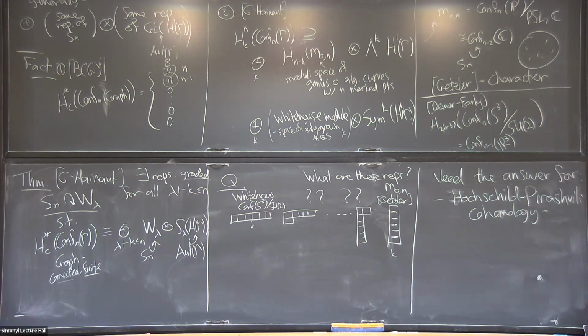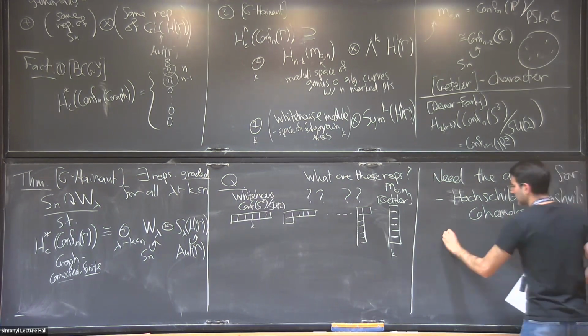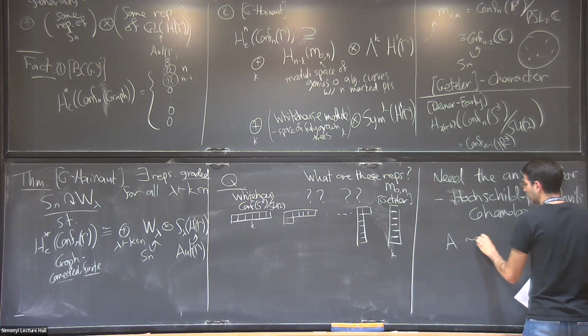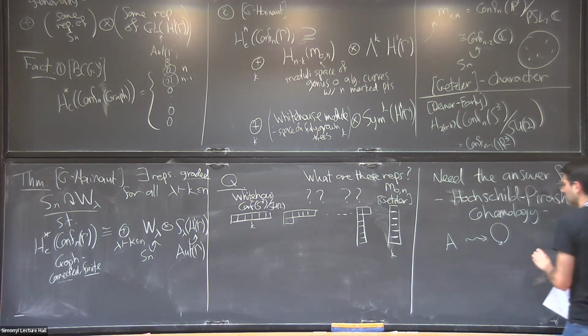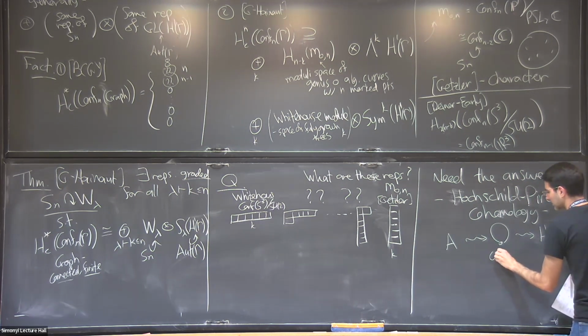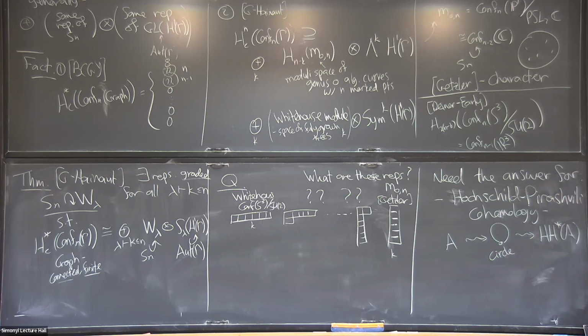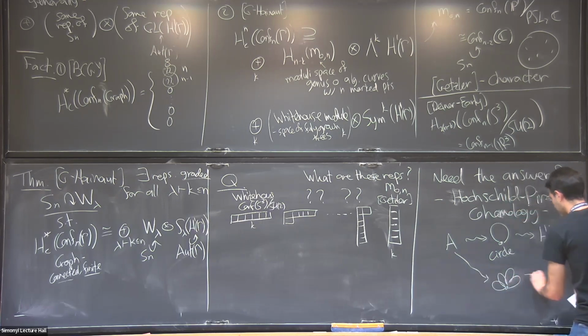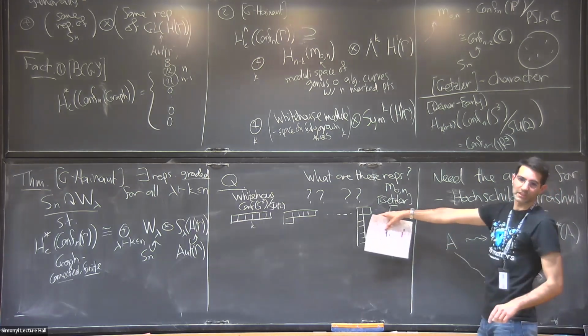So functor homology in the classical sense is you take an algebra and you do some operation that has to do with the circle, and you get out the functor homology of A. But if instead of a circle, you apply it to a graph, or something with multiple wedges, what you get out is these representations.